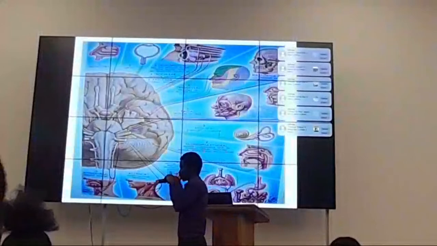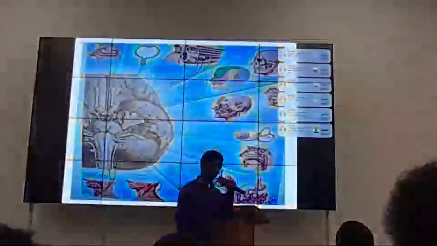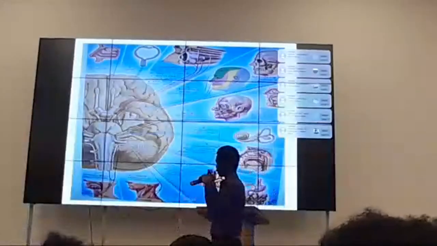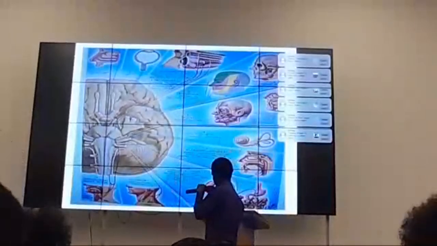Together with the accessory nerve, cranial nerve number 11, it controls the gag reflex. So the vagus has a lot of functions.